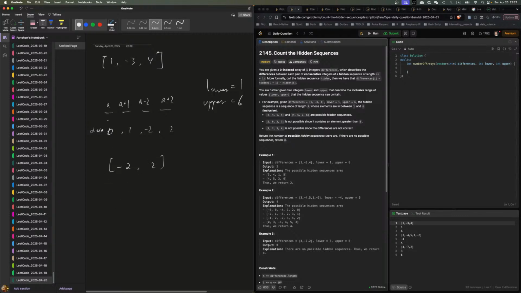So I have lower should be 1, upper should be 6, which means A minus 2 should be larger or equal to 1, and A plus 2 should be smaller or equal to 6. This gives me 3 smaller or equal to A, smaller or equal to 4. So the total number is 3 to 4, it's only 2.